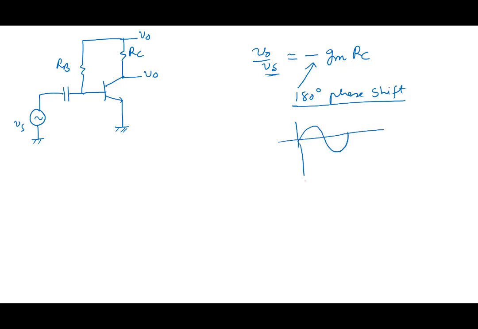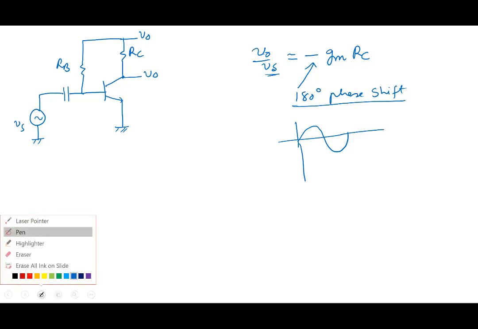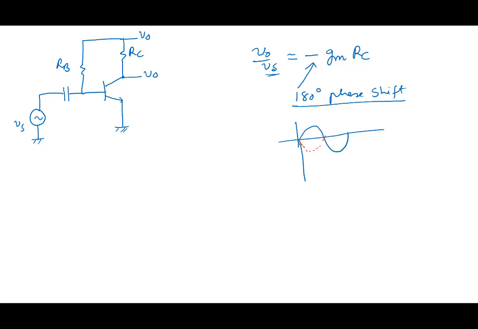If this is input, then we are saying the output goes opposite, right? So if input is increasing, the output is decreasing. That's what we mean by 180 degree phase shift.